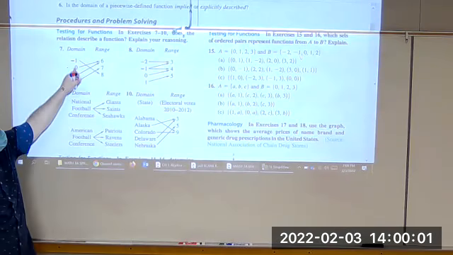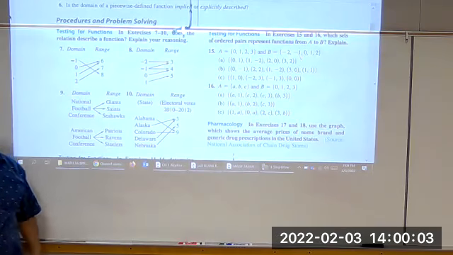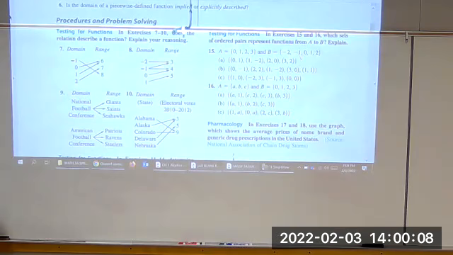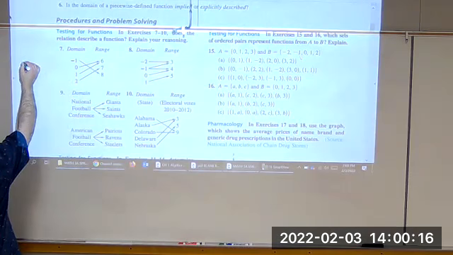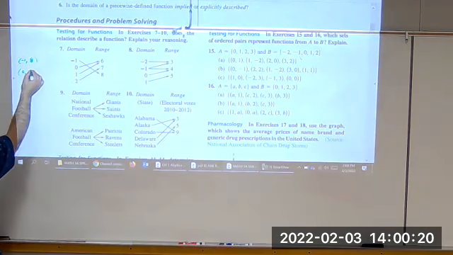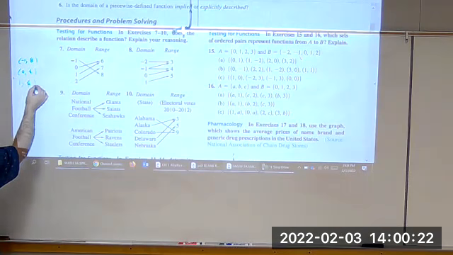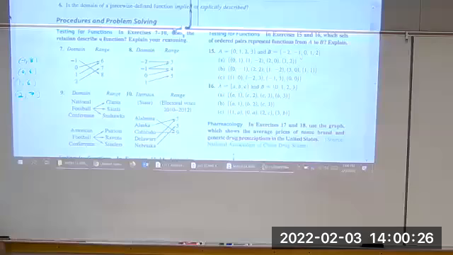No. So the domains never repeat. If you wrote them as ordered pairs, -1 and 8, 0, 6, 1, 6, 2, 7, you can see that all of the X's are unique.